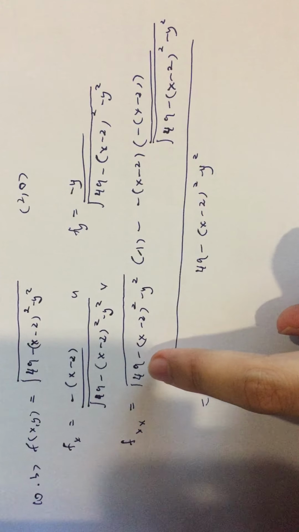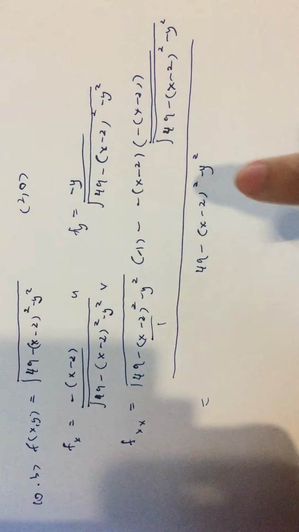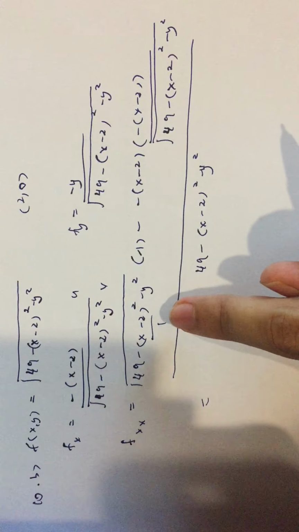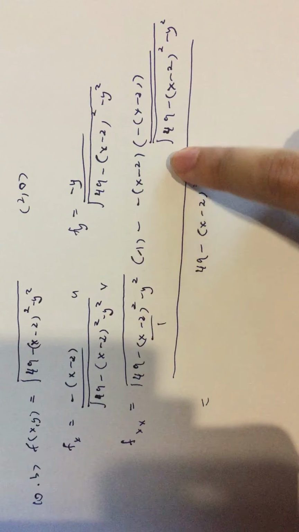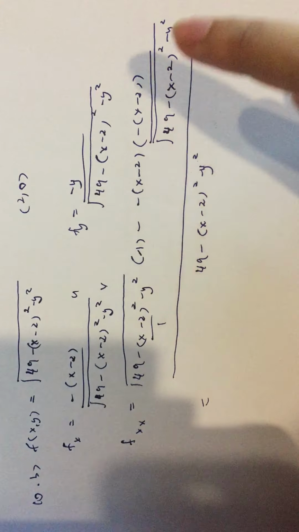Okay, and then this one is over 1. So kita samakan denominator kat sini. So this term multiply with square root of 49 minus (x minus 2) squared minus y squared.